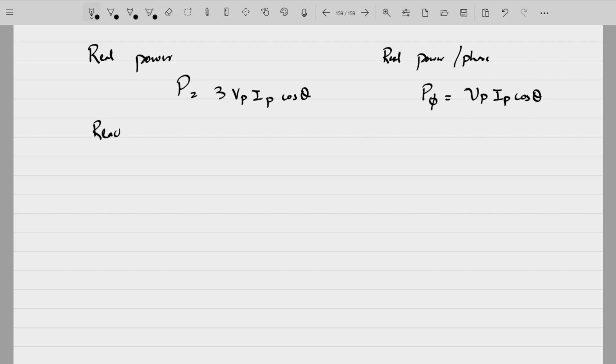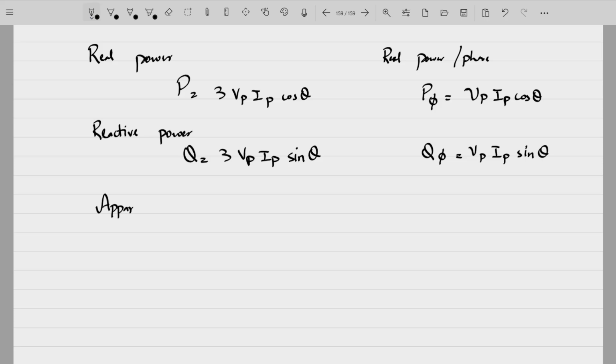In a similar manner, reactive power Q will be, the only difference between real power and reactive power is that one is a cosine term, another one is a sine term. Q will be equal to 3 Vp Ip sine theta. Q per phase will be Vp Ip sine theta, and the apparent power S will be 3 Vp Ip.